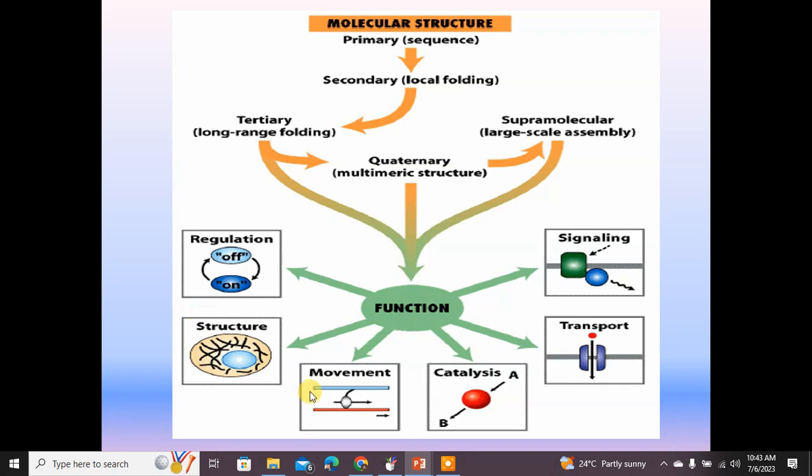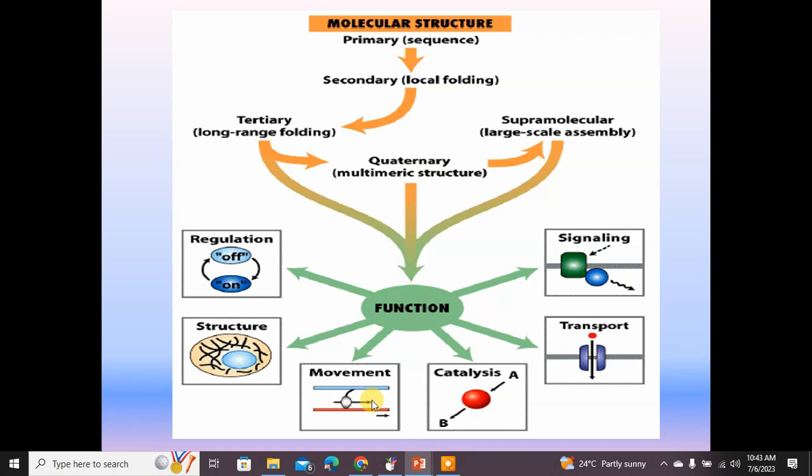Okay, protein will also perform in movements. In muscles, there are too many proteins involved, and even the biggest gene of the human body is DMD, the dystrophin muscular dystrophy gene. So technically you can say the biggest protein.